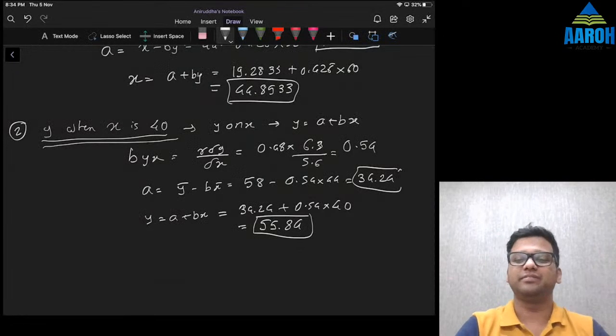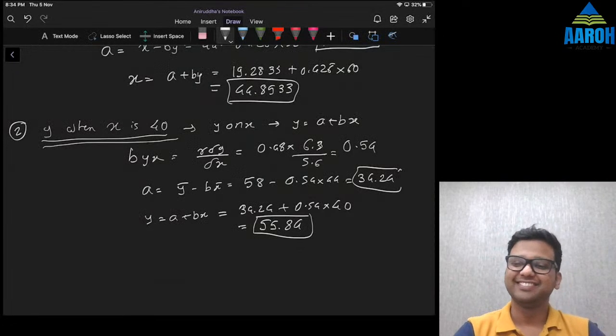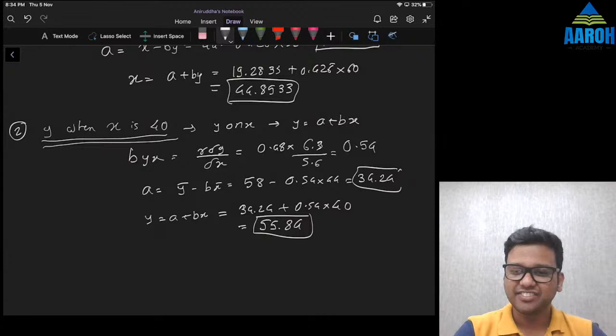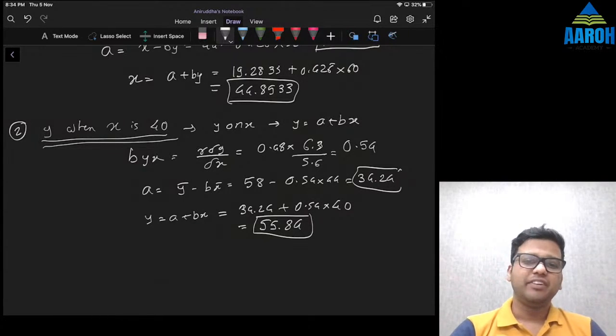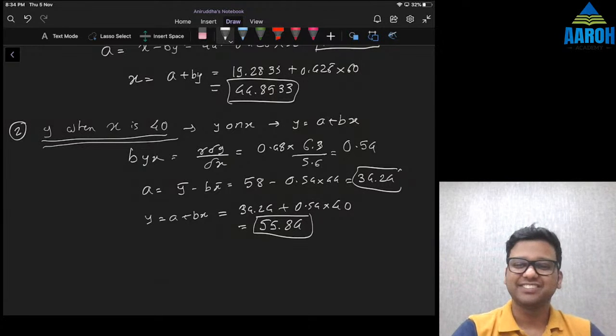Very good, Akash. That is correct. 55.84. Check everyone if you have got 55.84. बहुत दिन बाद, correct.